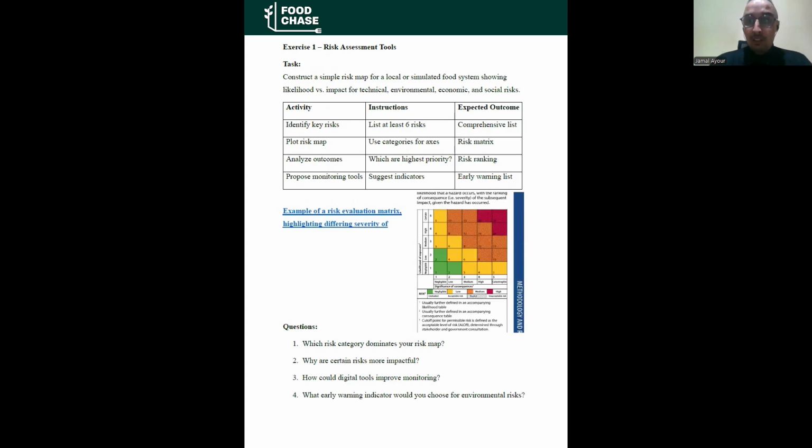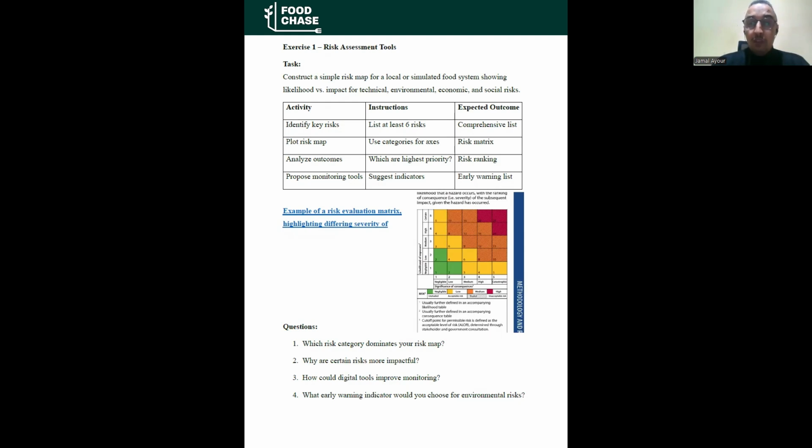Let's move on to exercise number 1 about risk assessment tools. For this exercise, construct a sample risk map for a local or simulated food system, showing likelihood versus impact for technical, environmental, economic, and social risks.